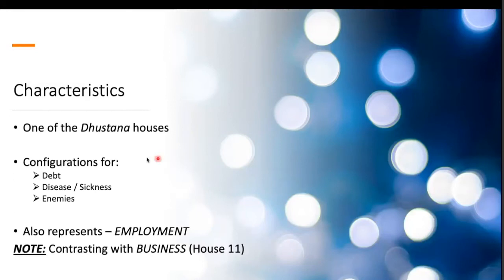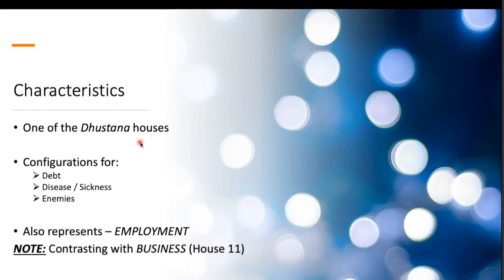As mentioned, it's one of the Dhustana houses. If you think that the 12 houses take the form of a wheel, like a circle, and you're starting at house number 1, obviously 6 is the first Dhustana house you will come to.